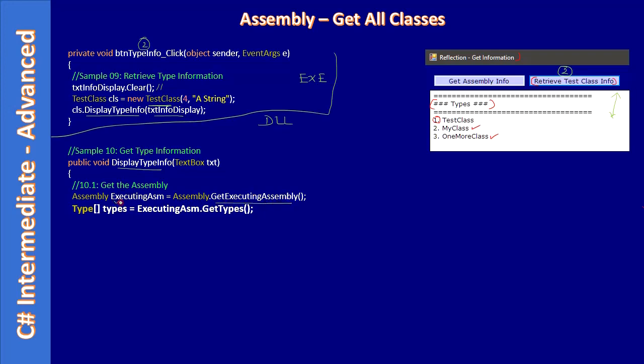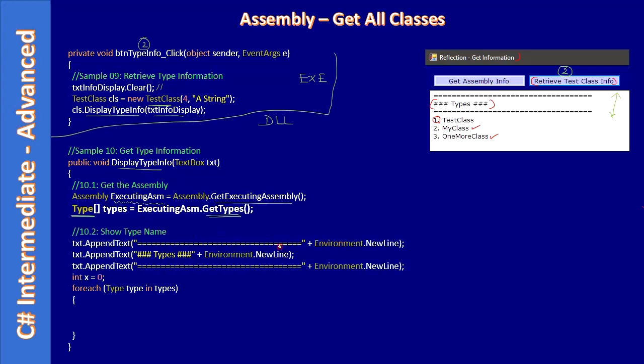Then this is the method we are using, GetTypes. GetTypes will retrieve all the types exposed by the DLL. If you have 3 or 4 classes, all 4 classes will get retrieved, and if you have a structure or an enum, all those types will get retrieved. GetTypes returns an array of Type, so we are storing that as a reference.